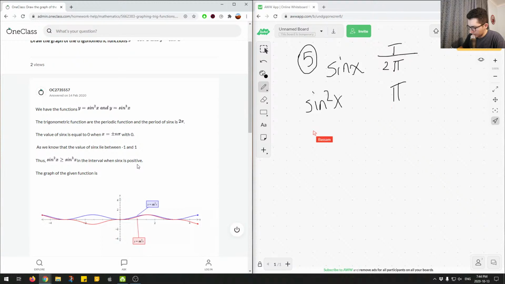And then for sine cubed x, we can see from the plot between pi and negative pi, so we have 2 pi for the period.